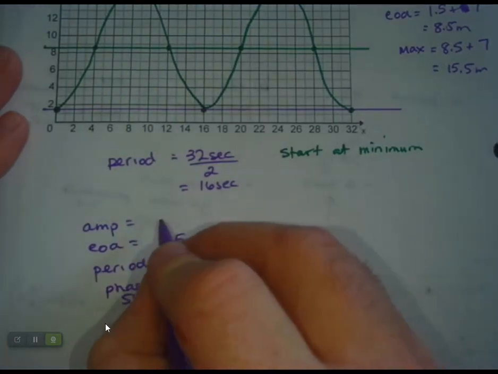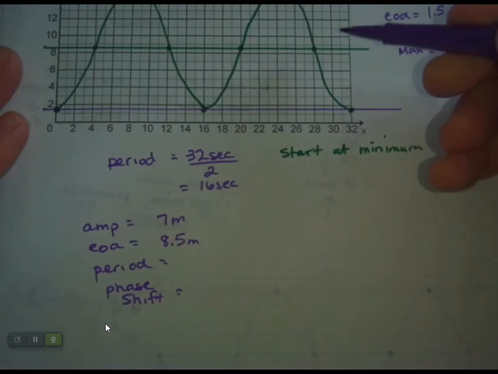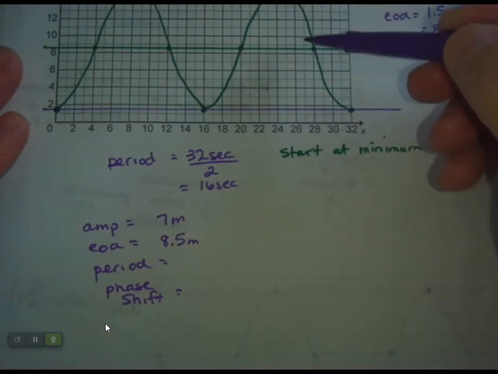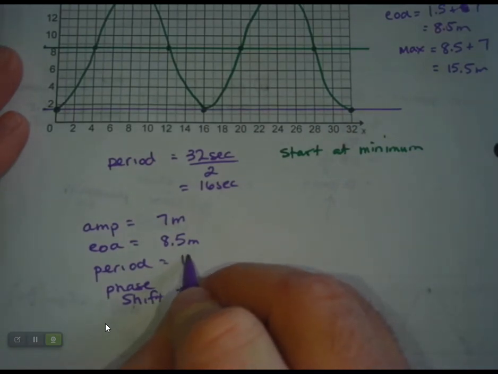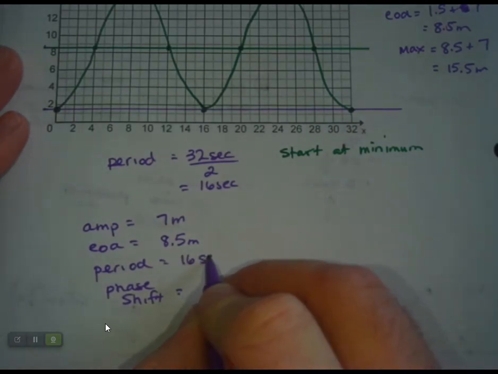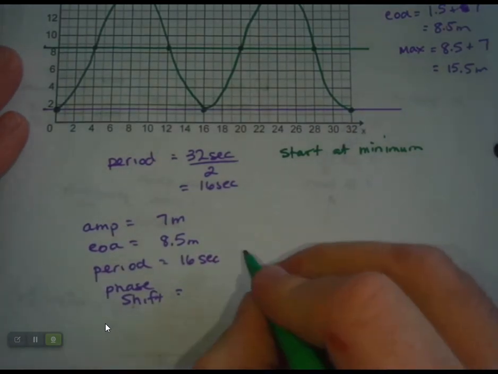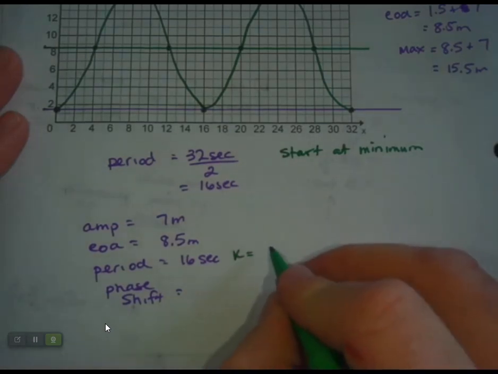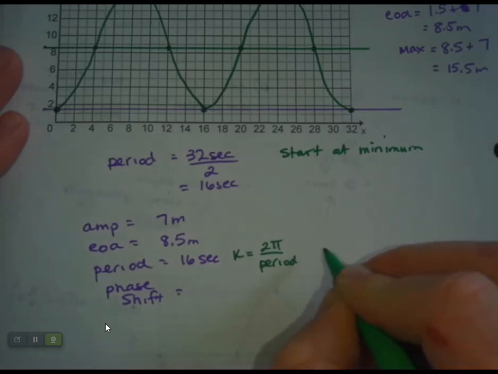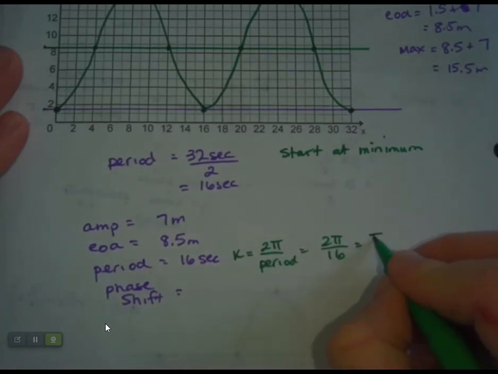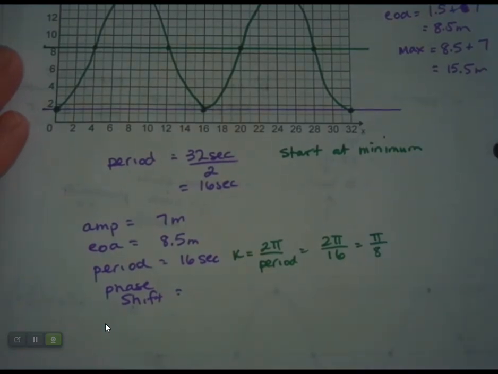Our radius was 7 meters, because we know that's 7 meters down, 7 meters up. We know that our period is 16 seconds. So our value of K has to be 2 pi over the period. So that's 2 pi over 16, which is pi over 8. There's my value of K.